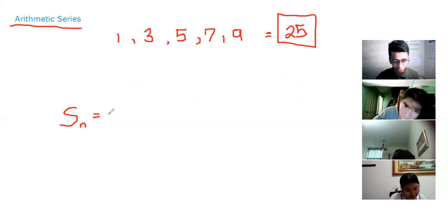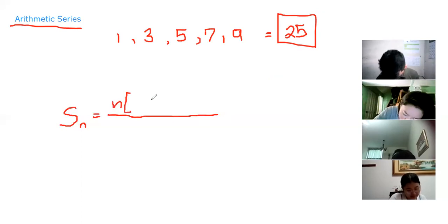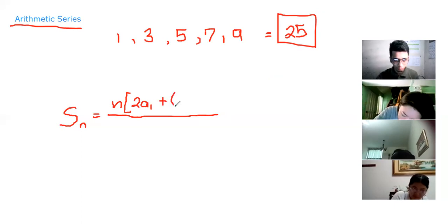S sub n is equal to n times the quantity 2 a sub 1 plus n minus 1 times d, all over 2.